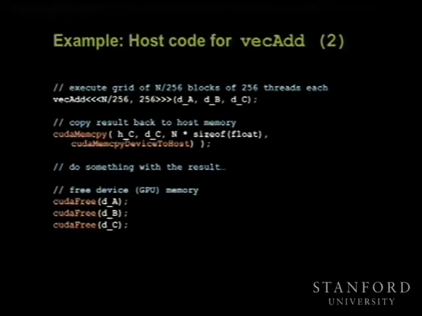A little thing I should note here, which we haven't put in for simplicity, is that when you call vec_add, that command gets sent to the GPU, but you can immediately continue to execute on the CPU. You don't block waiting for the GPU to finish, because depending on the size of the grid and the amount of work you're doing per thread, that might take some time. You don't want to block the CPU for that long.